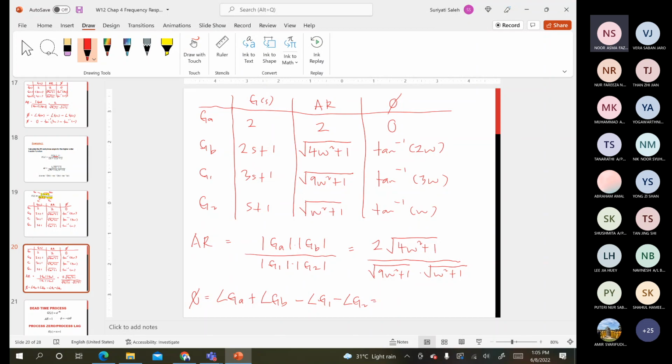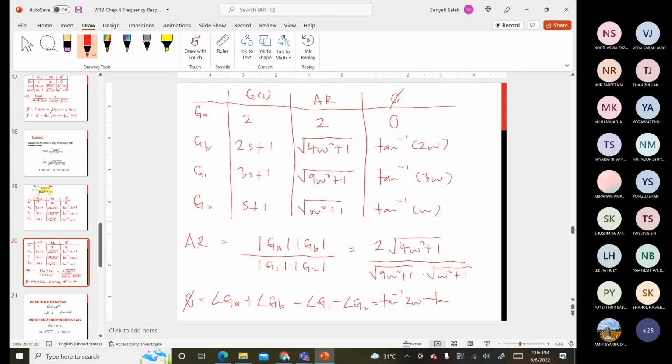So this contributes to the positive inverse tangent 2W minus inverse tangent 3W minus inverse tangent W. So this is the total angle for the case of higher order transfer function.